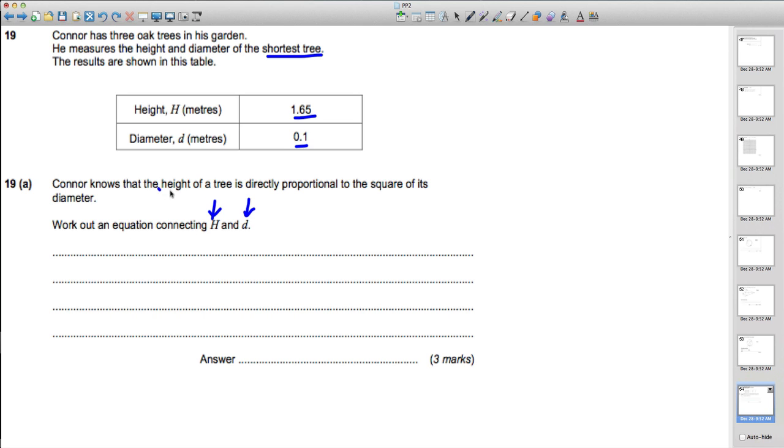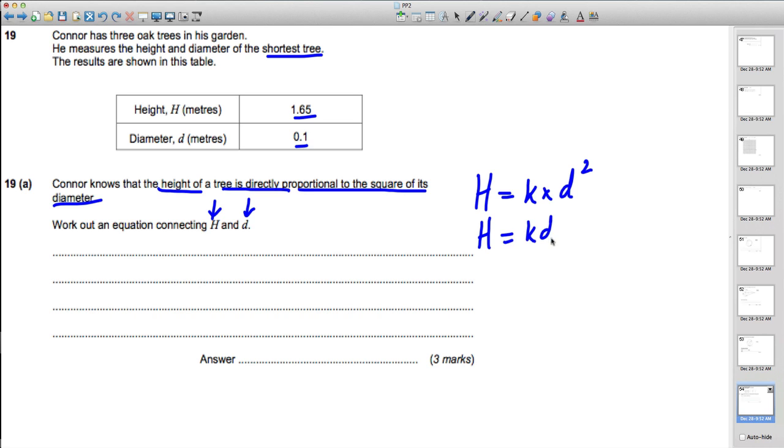Now, let's read it. The height, h, equals some constant k, proportional to the square of the diameter. It's k multiplied by d squared. So, simplifying, h is equal to k d squared.